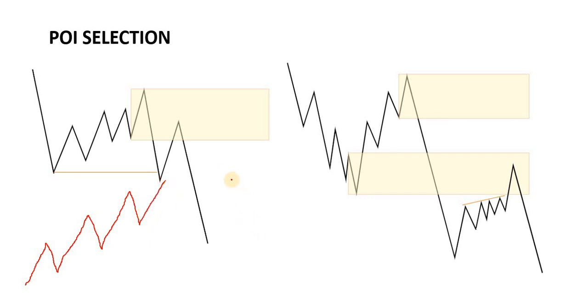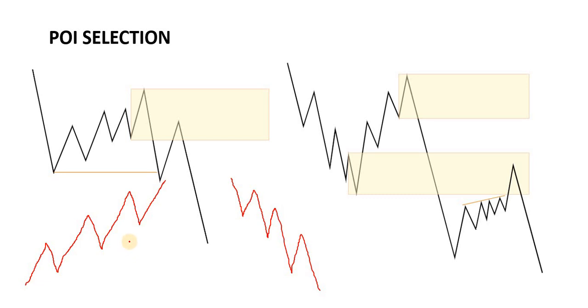While in the downtrend, price is making lower low, lower high, lower low, lower high, lower low, lower high, lower low. Okay, why am I saying this? I want to explain something.